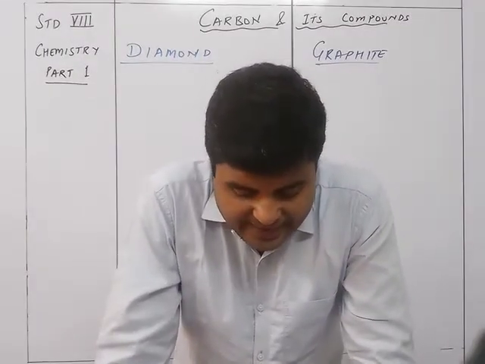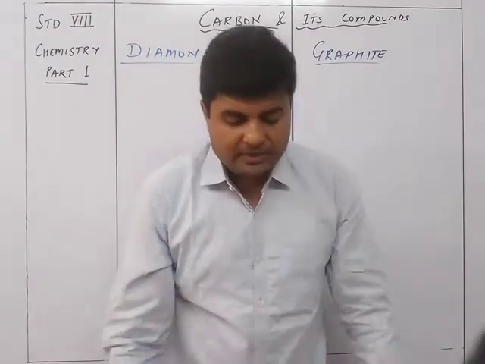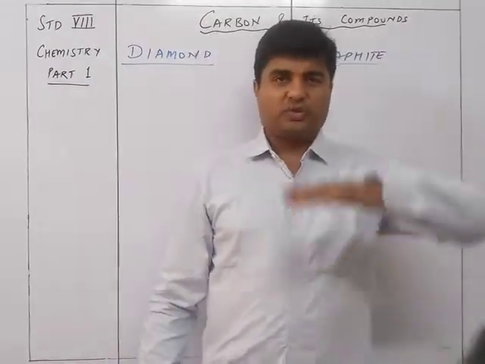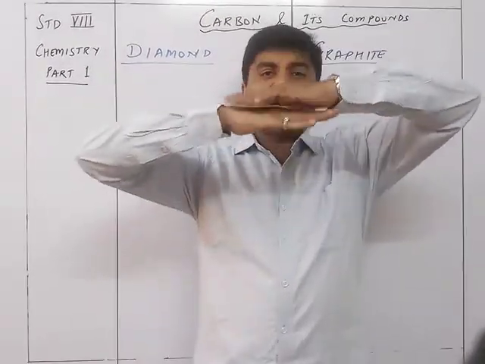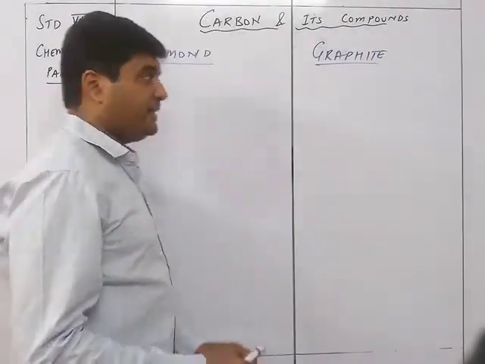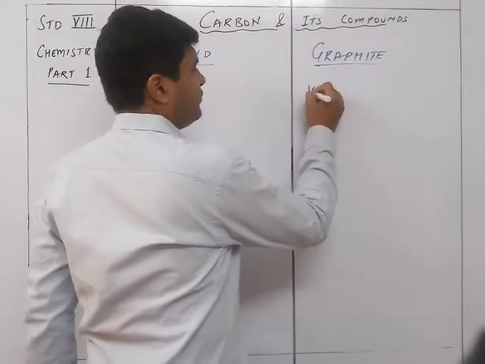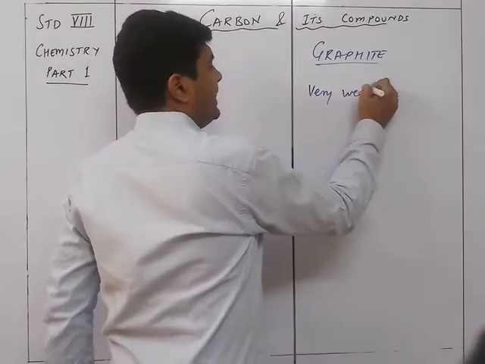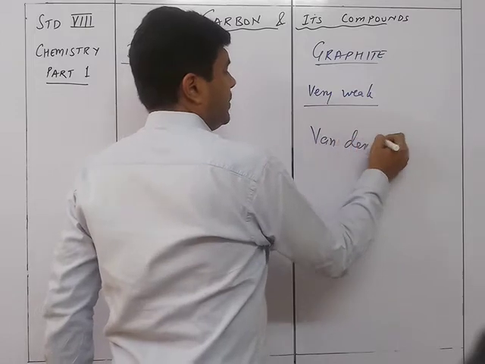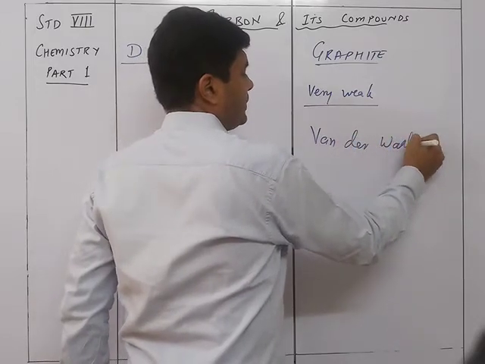The layers are arranged in parallel, one above the other, held together by very weak van der Waals force. So within the layers the bonds are covalent, and the bond between the two layers is a very weak force. This very weak force is called van der Waals force.